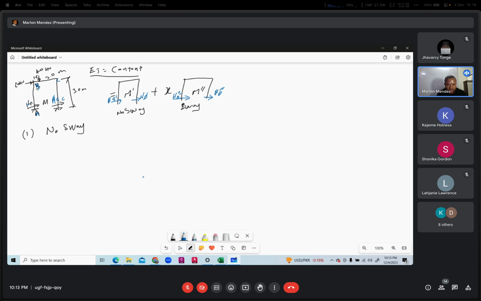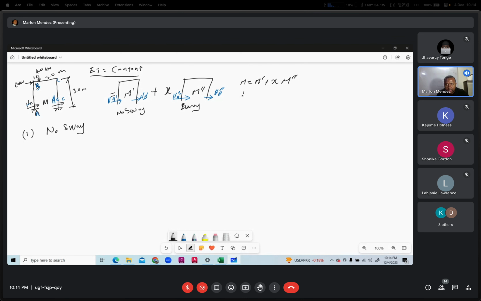So in terms of sway and no sway, you will establish the equation that we're going to be using. Let me put it here. The equation is M equals M no-sway plus the correction factor M double prime.